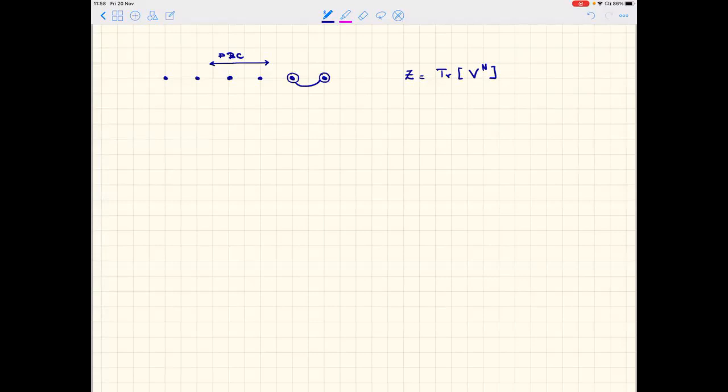And since each site has a phase space that consists of two possibilities, up or down, the dimension of the transfer matrix is 2 by 2, right? And nothing else.